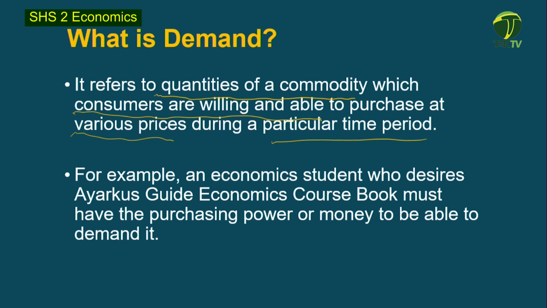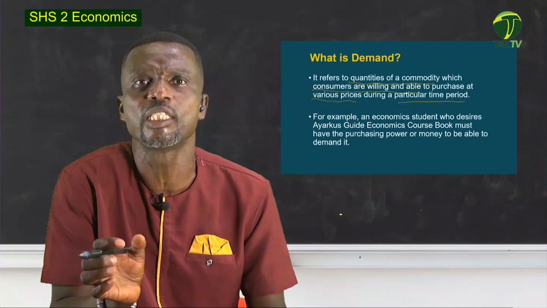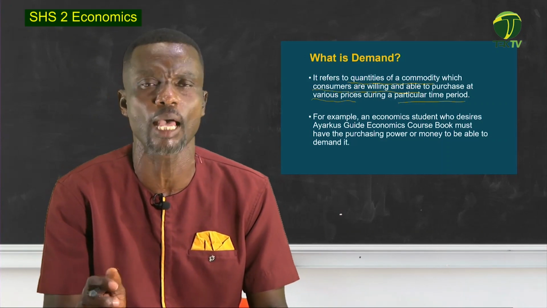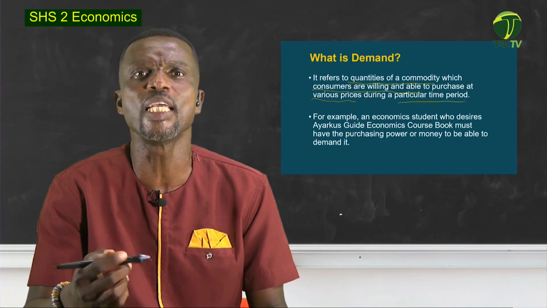If you look at the definition, 4 major phrases have been underlined, and they are very important as far as demand is concerned. For instance, any effective demand one makes for a commodity should specify the quantity. You can't just go to the market and purchase anything. You should have a specific amount you intend to buy. So if it is the sachet of water, how many do you intend to buy?